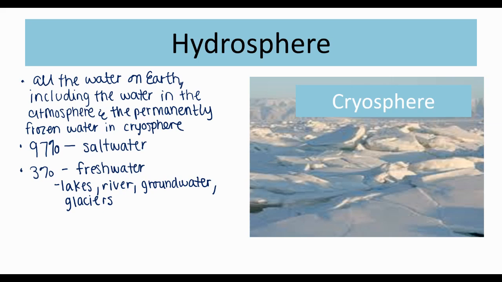One thing to note is that only a fraction of the fresh water is going to be in lakes and rivers. So most of it is frozen. Okay. And then the cryosphere is the region of permanently frozen water.